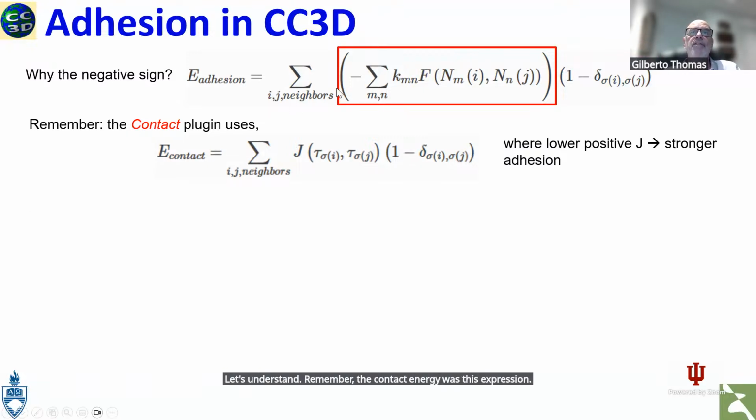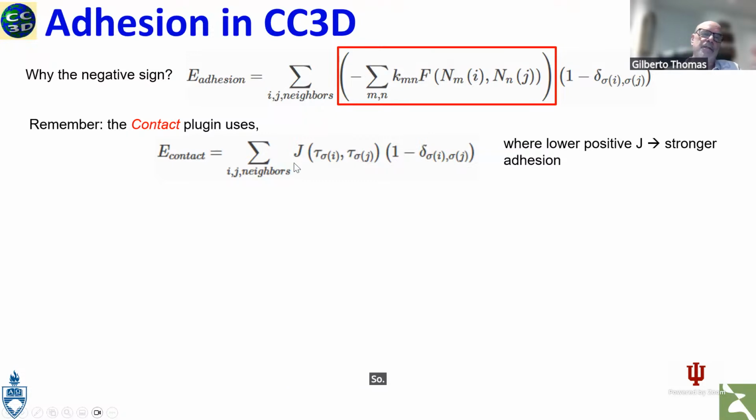We have this J here. So it's positive. In general it is positive. And the lower the value, the stronger the adhesion. Okay, for example, if J is 1, the cells adhere more than if J is 5.